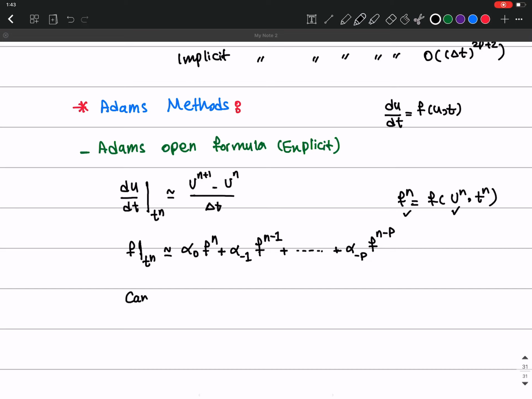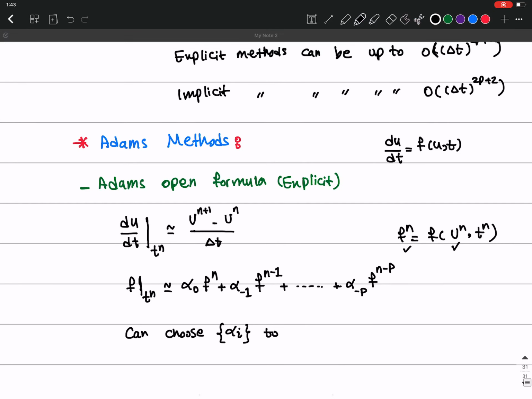And we can choose these coefficients alpha i to give us an order delta t to the power p plus 1 approximation.